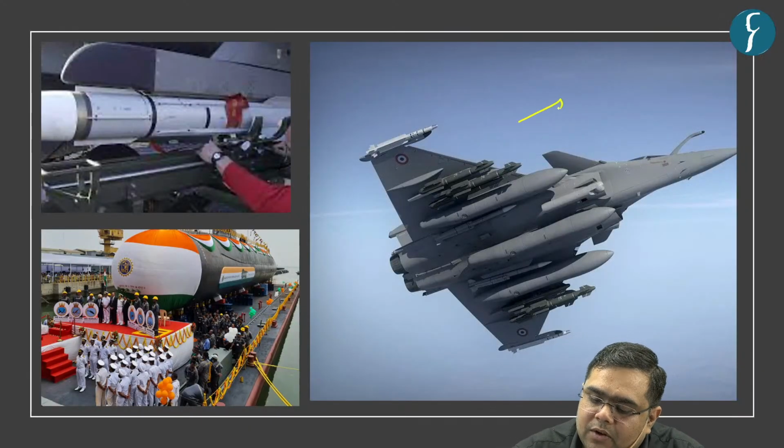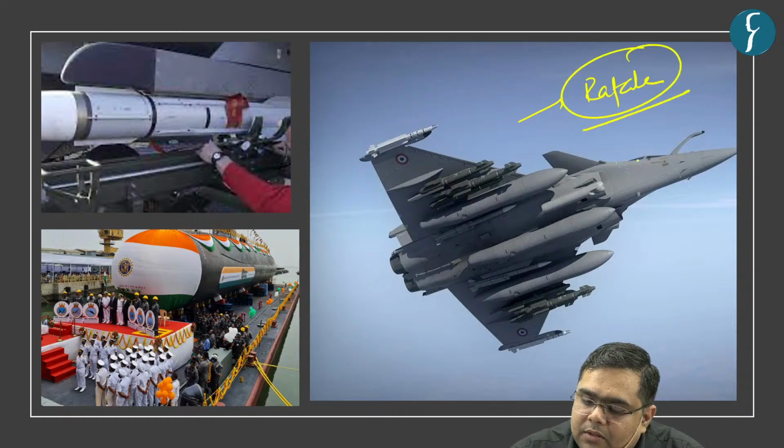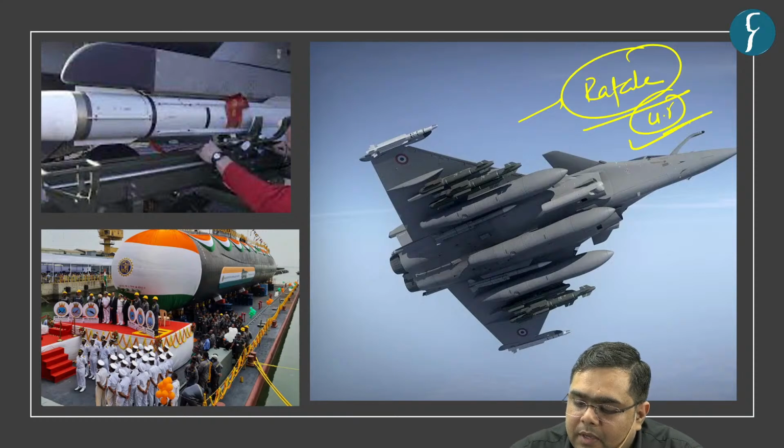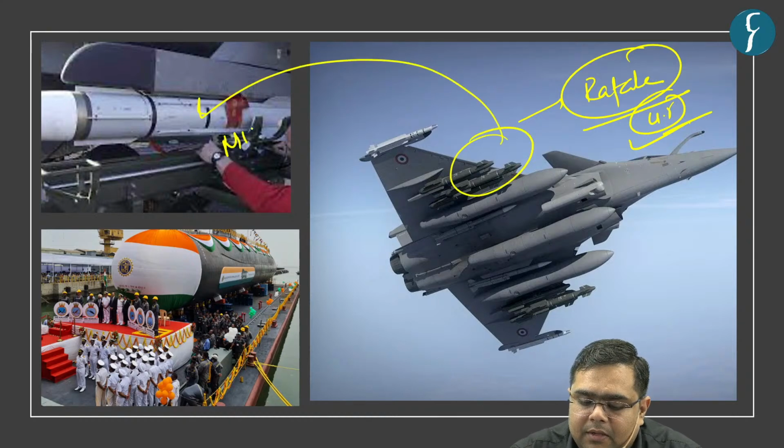See this state of the art beauty, that is the Rafale, a 4.5 generation supersonic fighter jet, which we have taken. The manufacturer is again a French company by the name of Dassault. If you notice this missile, this is the Mica.